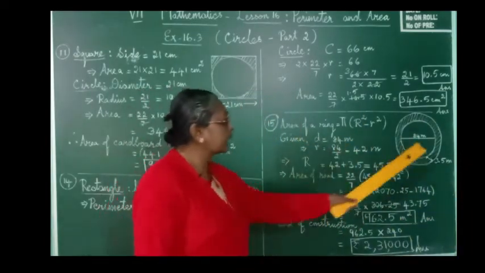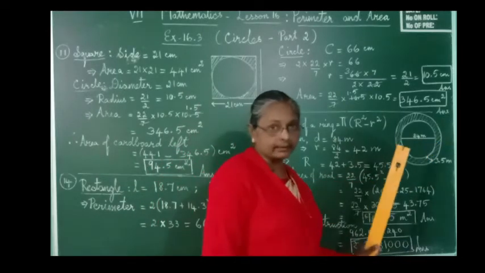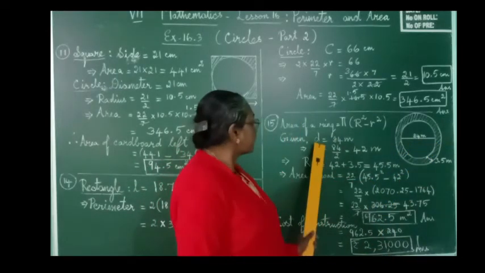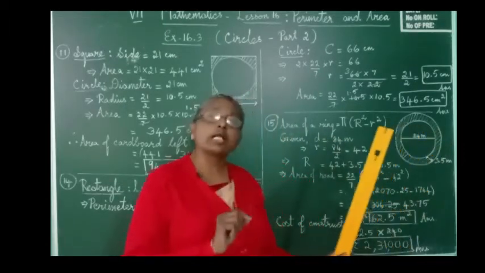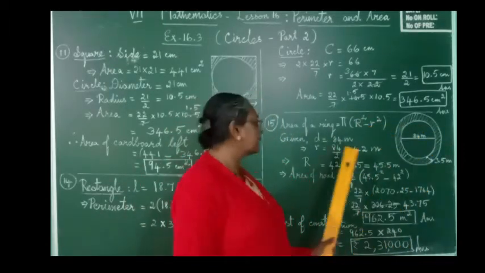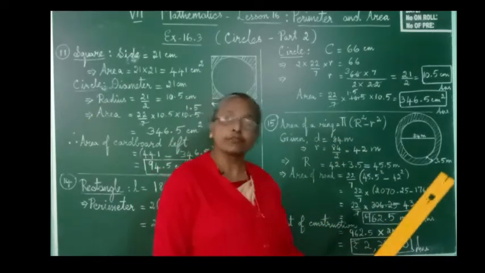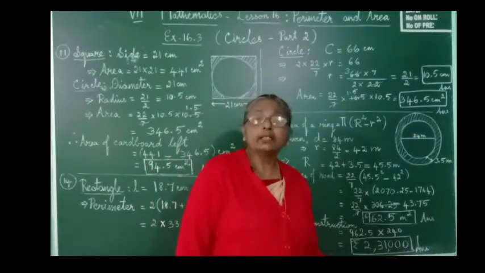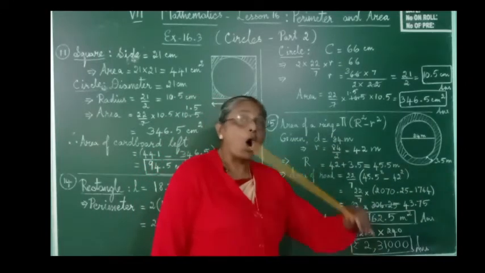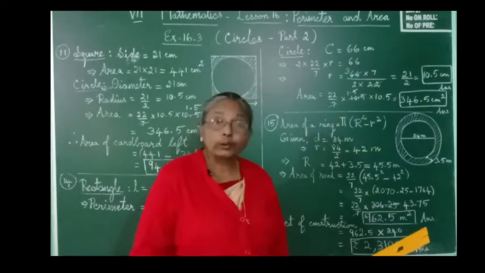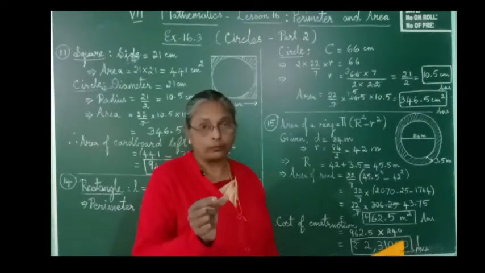Here we are given the diameter for the inner circle, which is the park. So diameter, small d is equal to 84 meters, then small r, the smaller radius will be 84 by 2, which is 42 meters. Then what is the radius of the outer circle, including the road?